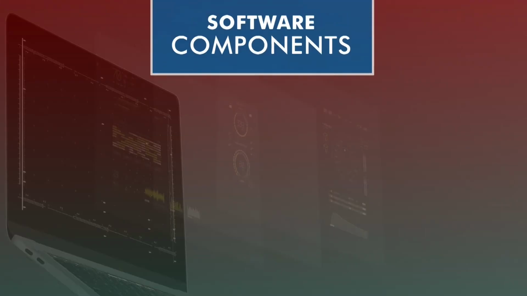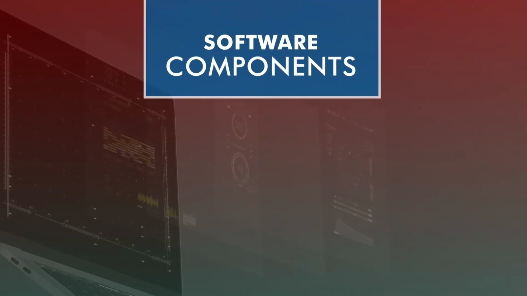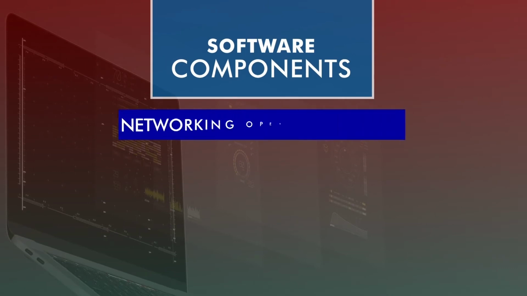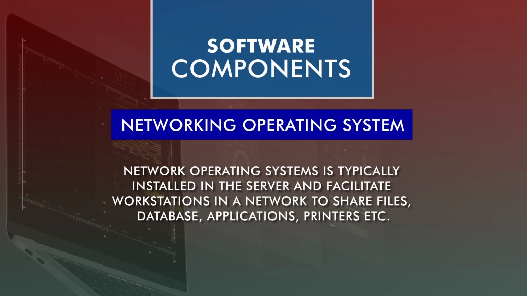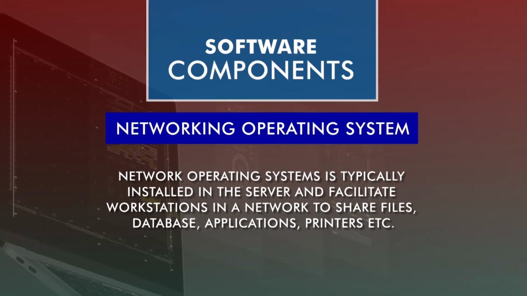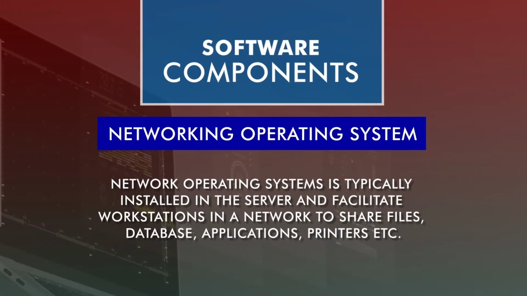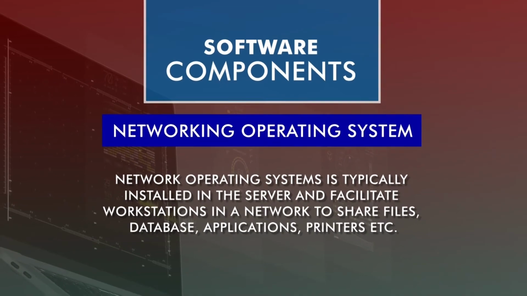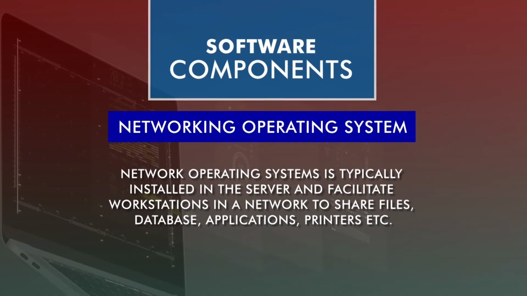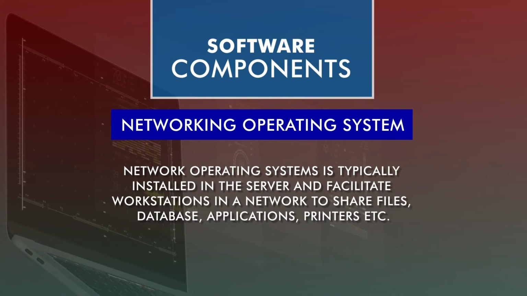Coming to the software components, the major software component is the network operating system. The network operating system is typically installed in the server and facilitates workstations in a network to share files, database, applications, printers, etc. This operating system has its own functionalities in order to support all of these.